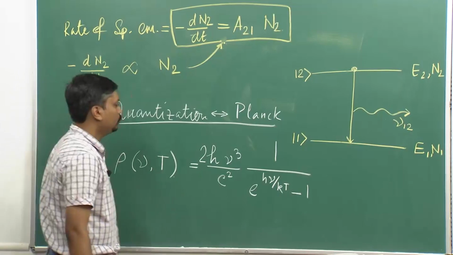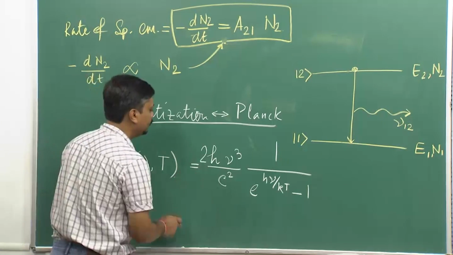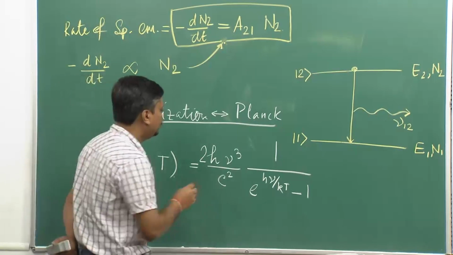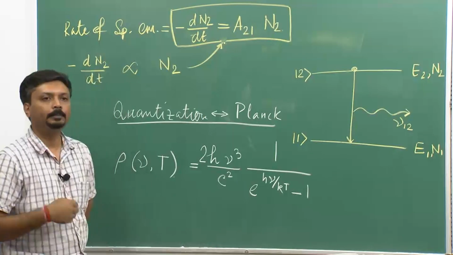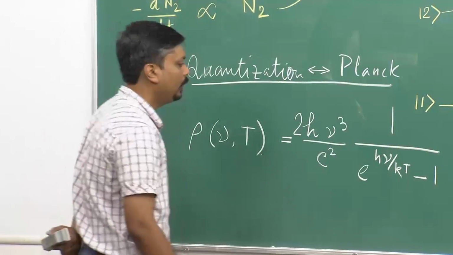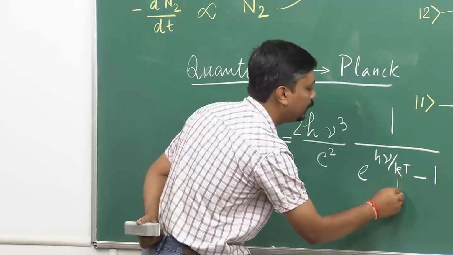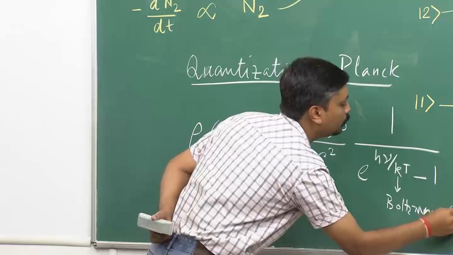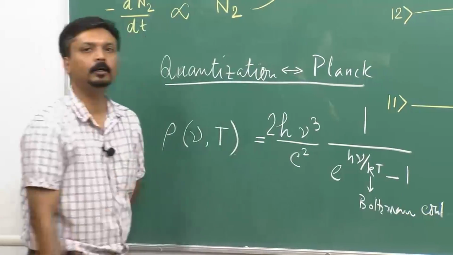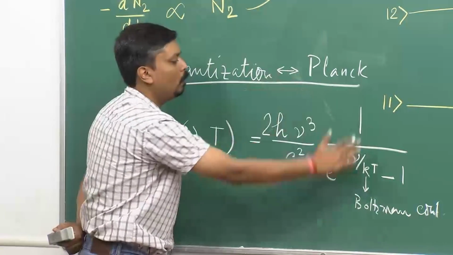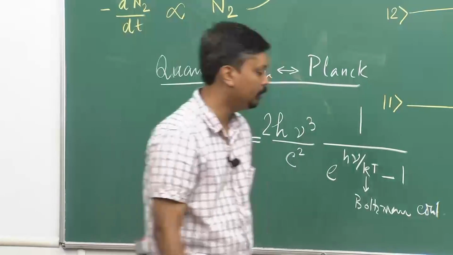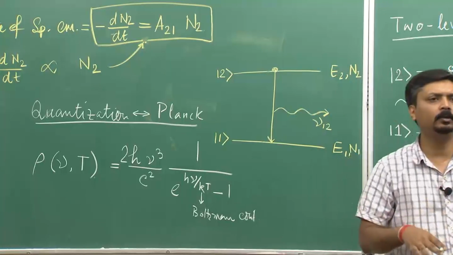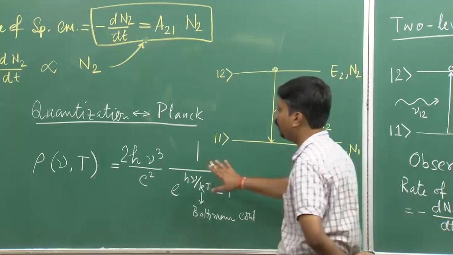What are these terms? h is Planck constant, nu is the frequency of the light that we are considering, c is the speed of light, and k is the Boltzmann constant, and capital T is the temperature. So you pretty much know what the different quantities on the right side of this are. So he did it, and this could explain the black body radiation to quite a good extent at that point of time.